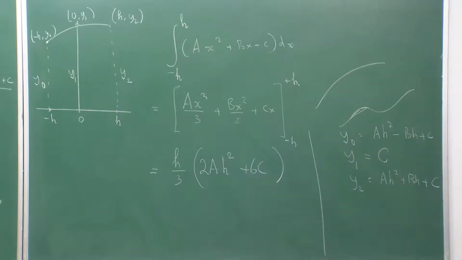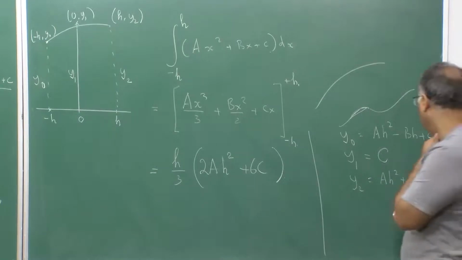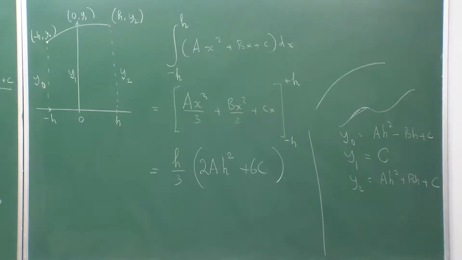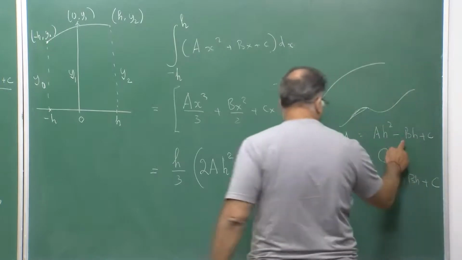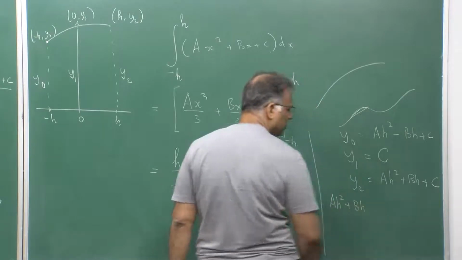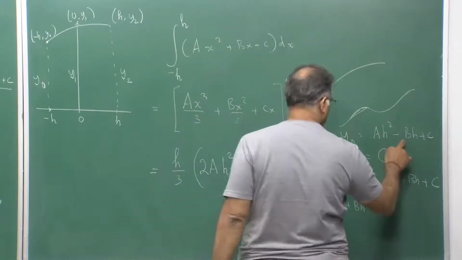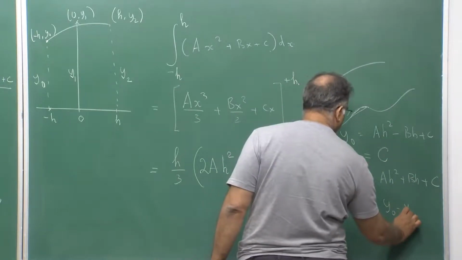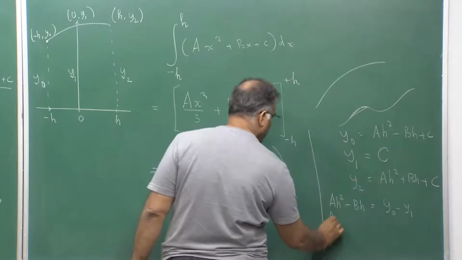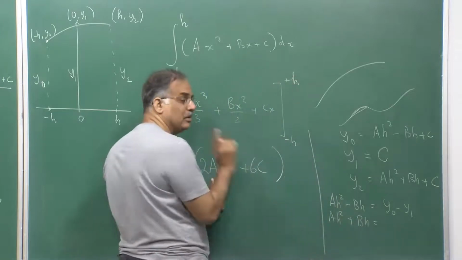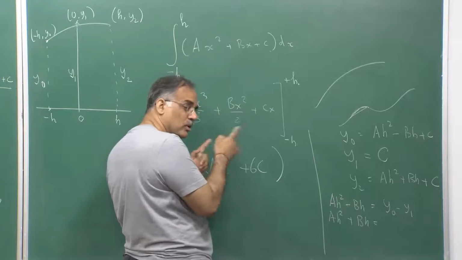Now, knowing that c is equal to y1, from here I will get a h square minus bh is equal to y0 minus y1, because c is y1, and from here I will get a h square plus bh is equal to y2 minus y1. Ultimately I have to find a h square and c. That is my goal, to replace it in terms of y0 and y1.